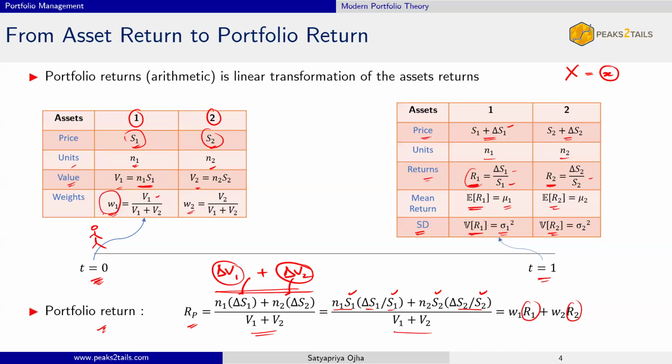Then N2 S2 divided by V1 plus V2 is W2. So this is where we get the formula that portfolio return is simply a linear combination of asset returns, and the coefficients are nothing but the value weights of the individual assets.